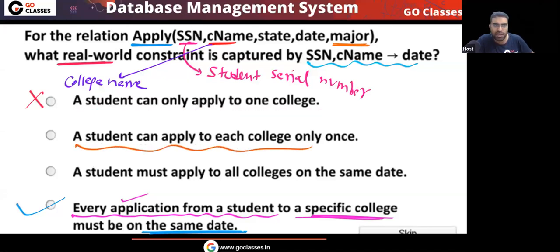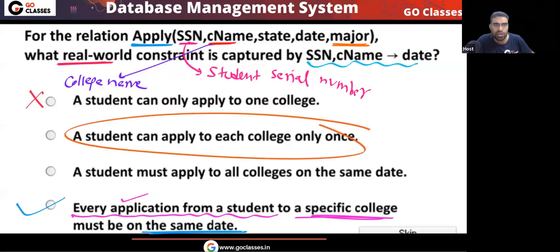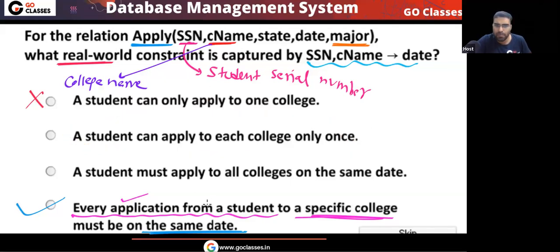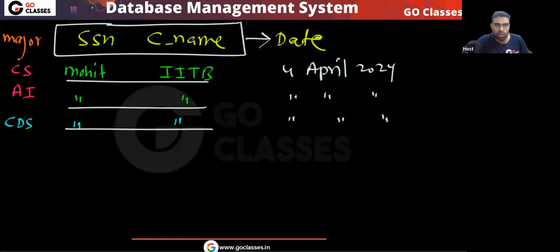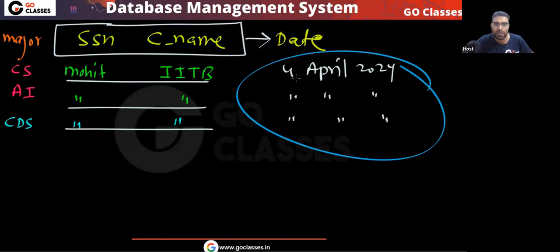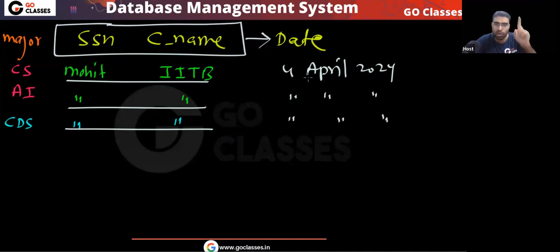What about this one? A student can apply to each college only once. Is this true? No. You can notice Mohit can apply for IIT Bombay 3 times, but on the same date. The date must not change.